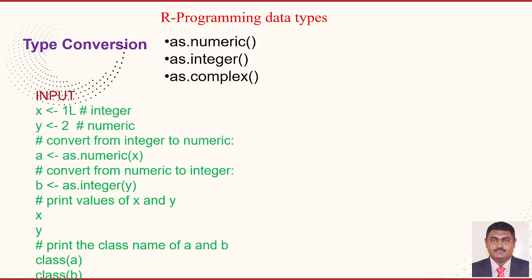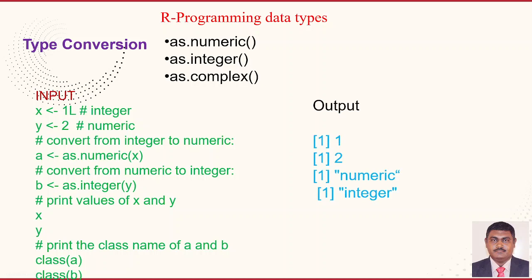You see the input just given: x tends to 1L, this is integer, and y tends to 2, numeric. So convert from integer to numeric: a tends to as.numeric of x. Convert from numeric to integer: b tends to as.integer of y. If you print the values of x and y, the values obtained are 1 and 2.